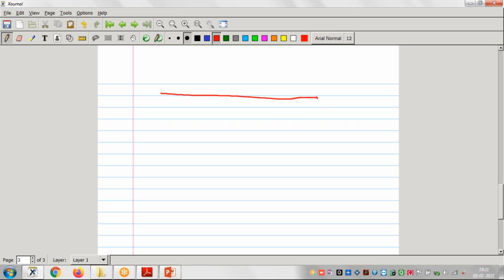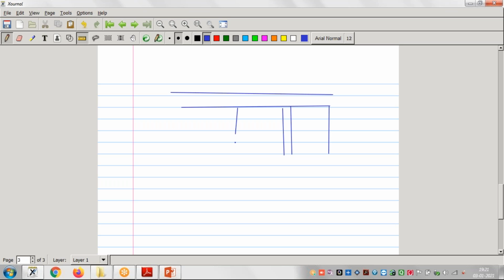I am just giving you an example: every time the flood occurs, the water reaches only up to here. This is the level of water.